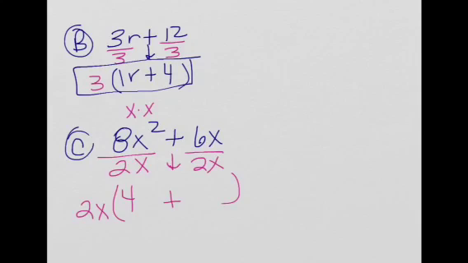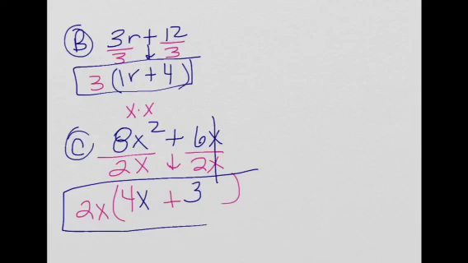So I have more x's on the top, and I have 1 more on the top. 2 goes into 6 3 times. Where do I have more x's? I don't have more x's, and so I'm going to go ahead and cross those through. I don't write them. So my answer is 2x times parentheses 4x plus 3.